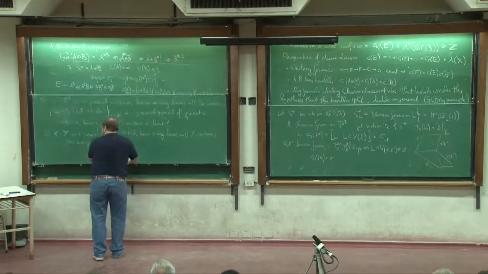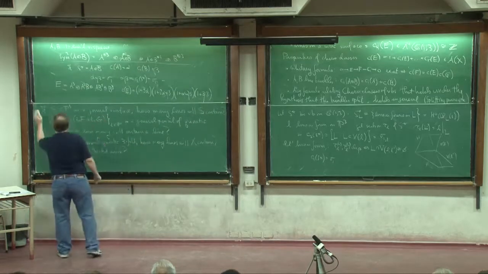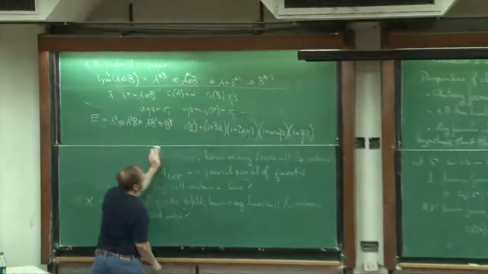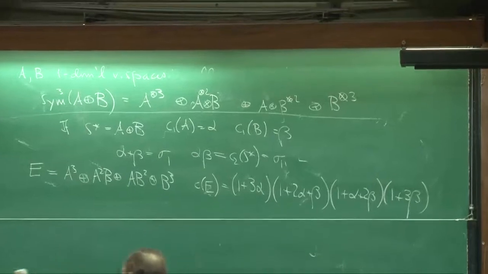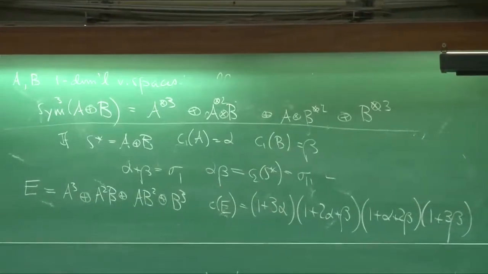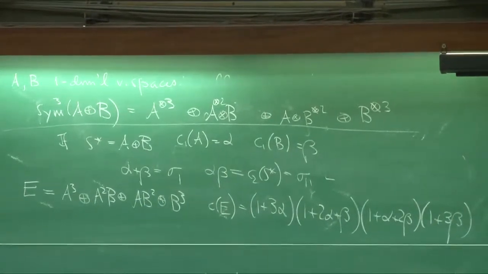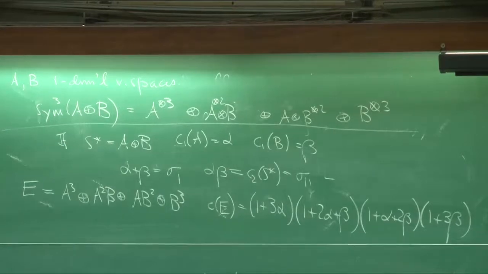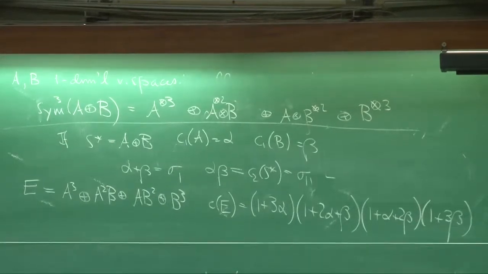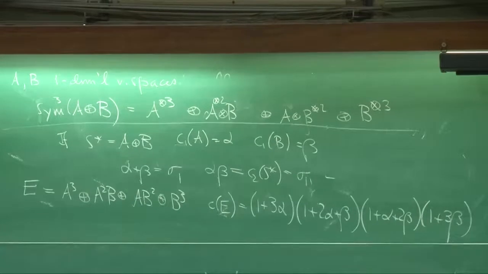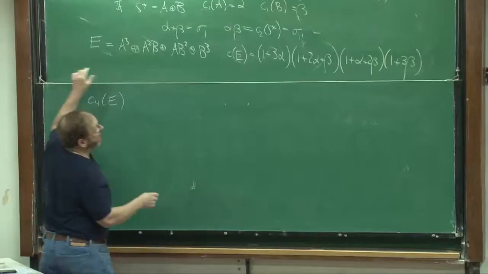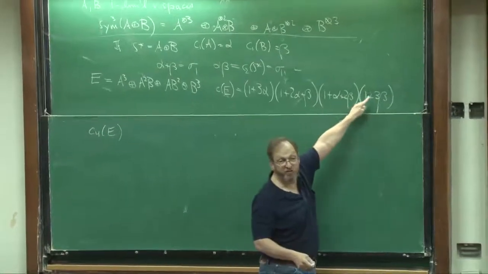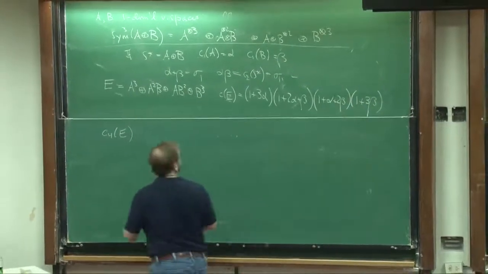All right. We come now to the finish line. So we can express in particular the fourth Chern class of E. Well, we just take the terms of homogeneous degree 4 in this product, and I'll collect them this way.